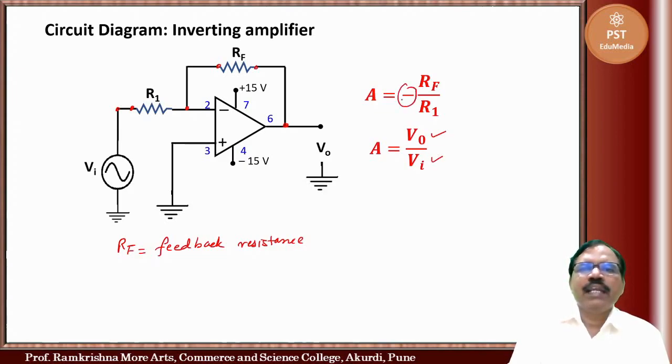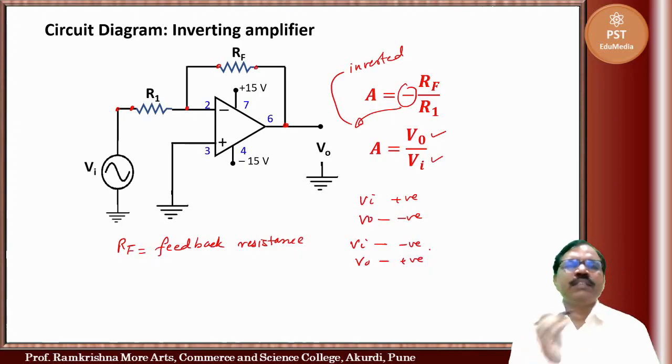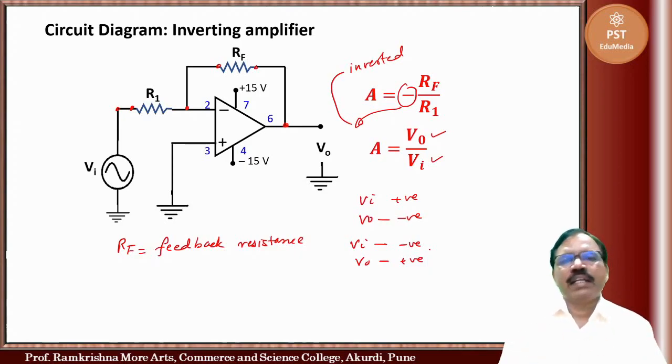Here the negative sign indicates that the output is inverted. Means if Vi is positive, V0 is negative, and when Vi is negative, V0 is positive. So the output is inverted in the inverting operational amplifier.